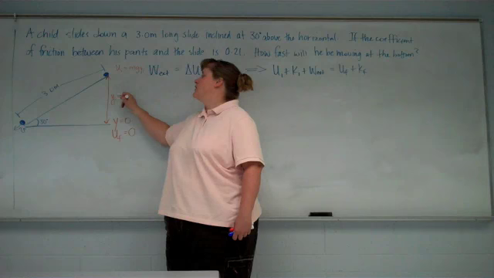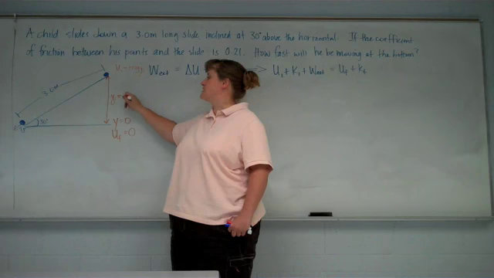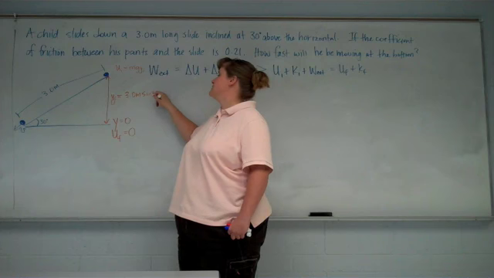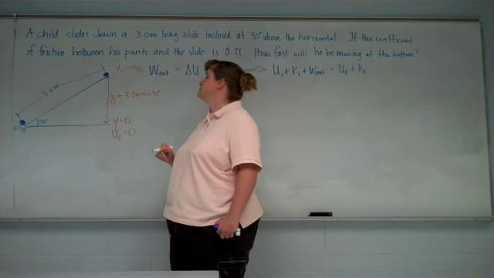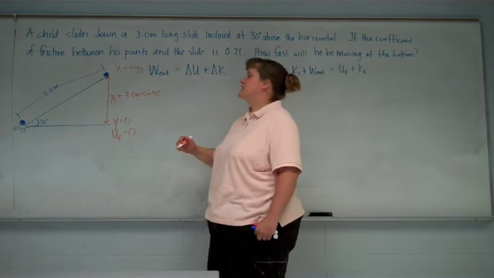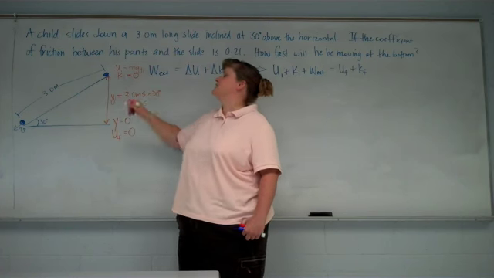Well, we know the slide is 3 meters long. It's inclined at 30 degrees, so this side would be 3 meters times the sine of 30 degrees. Initially, we're assuming he started at rest, so he will have no kinetic energy initially.